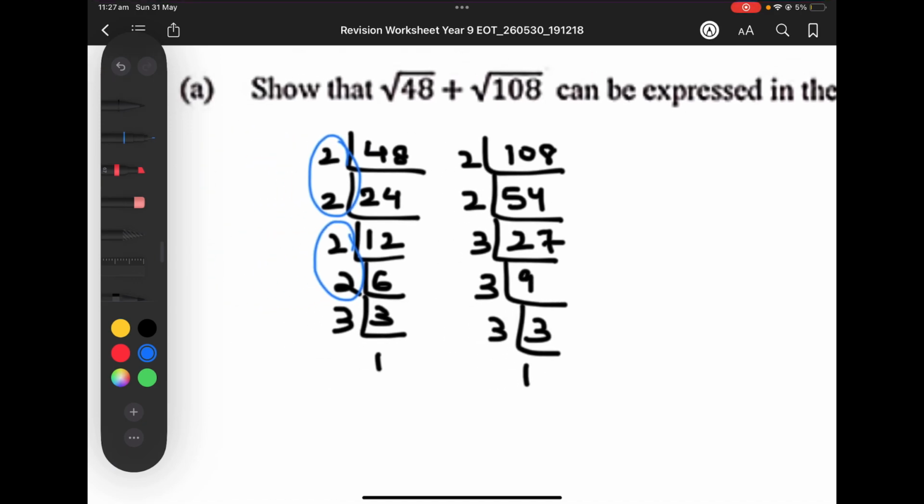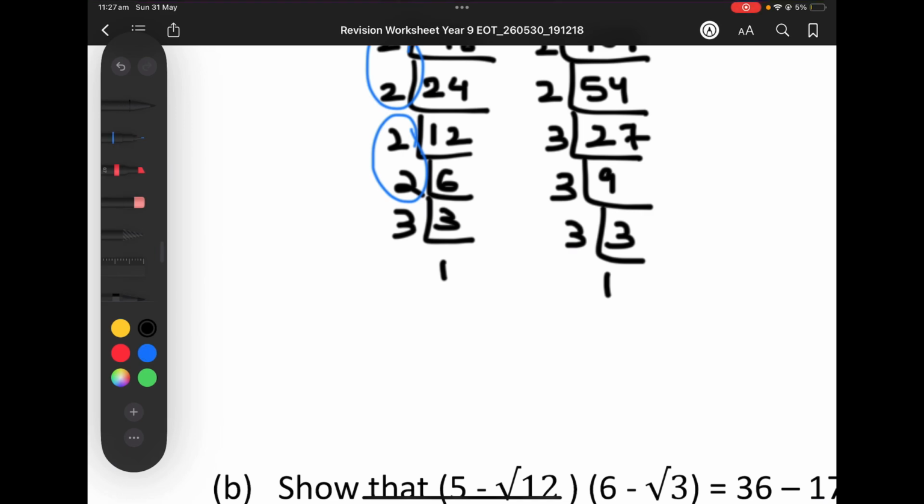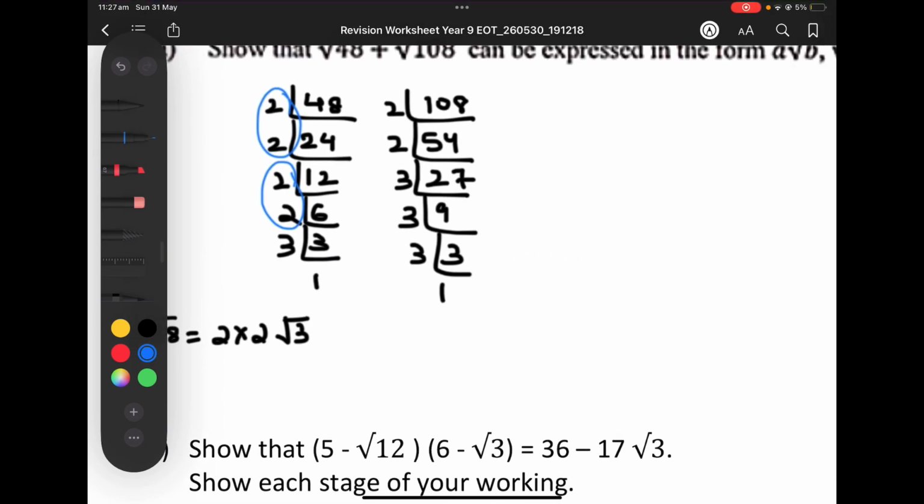So root 48 can be written as 2 times 2 root 3, is what you get. And over here, what do you get? Root 2 root 3. So root of 108 turns out to be 2 times 3 times root 3 is what you get.